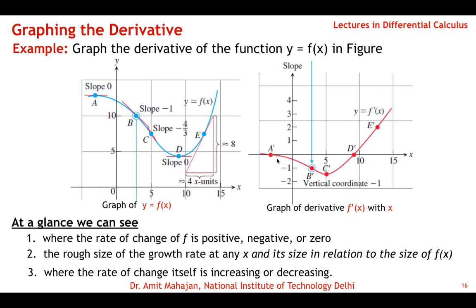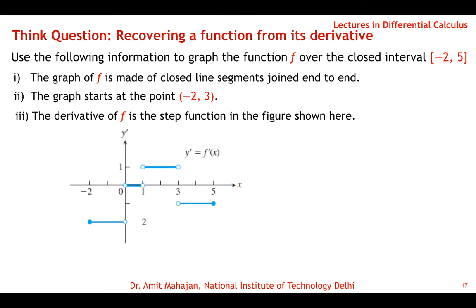Now I leave this topic with one question which you can try to attempt: use the following information to graph the function f over the closed interval -2 to 5. The graph of f is made of closed line segments joined end to end. The graph starts at the point (-2, 3), and the derivative of the function is the step function given in this figure here.